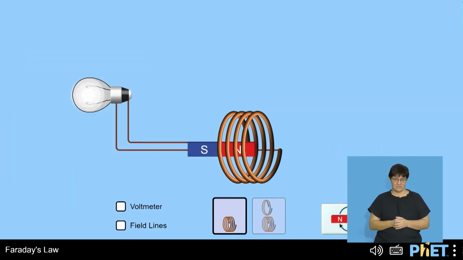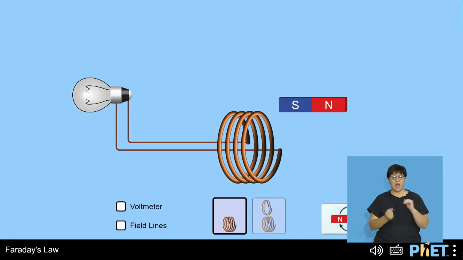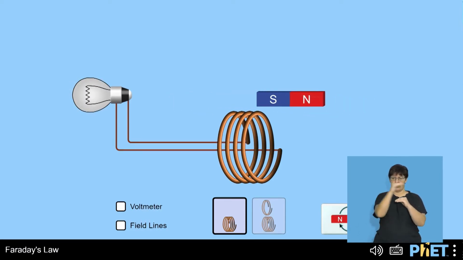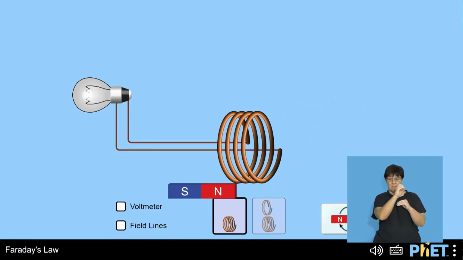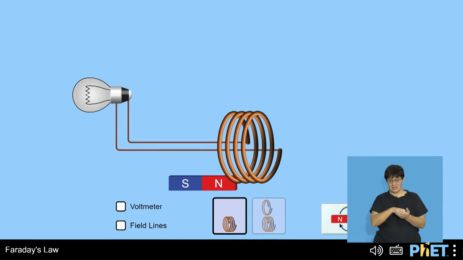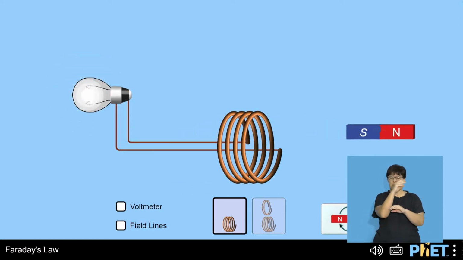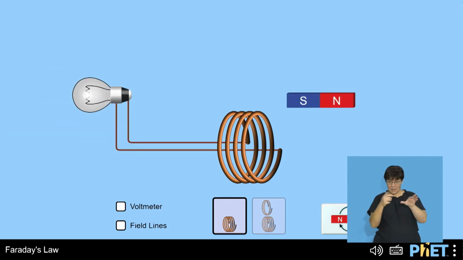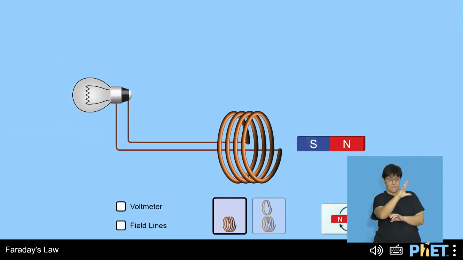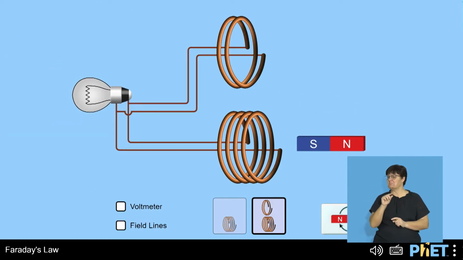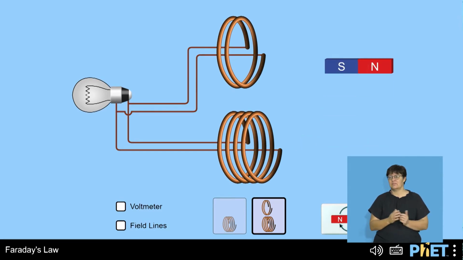Now, you might say to me, what happens if I do it above and I don't do it in the coil? Well, the light bulb still goes on and off, but not to the same degree, because it is better if it goes through the middle of the coil. Okay, so that's quite interesting. We can also do a little experiment here.